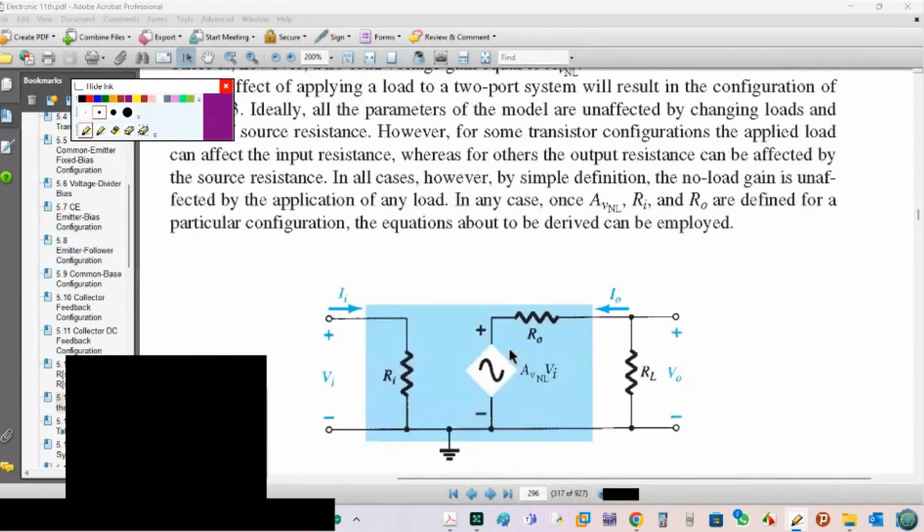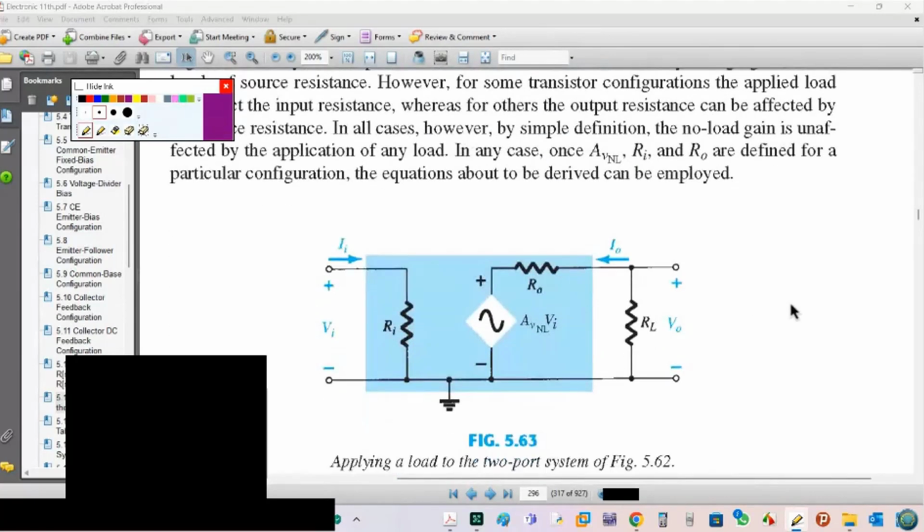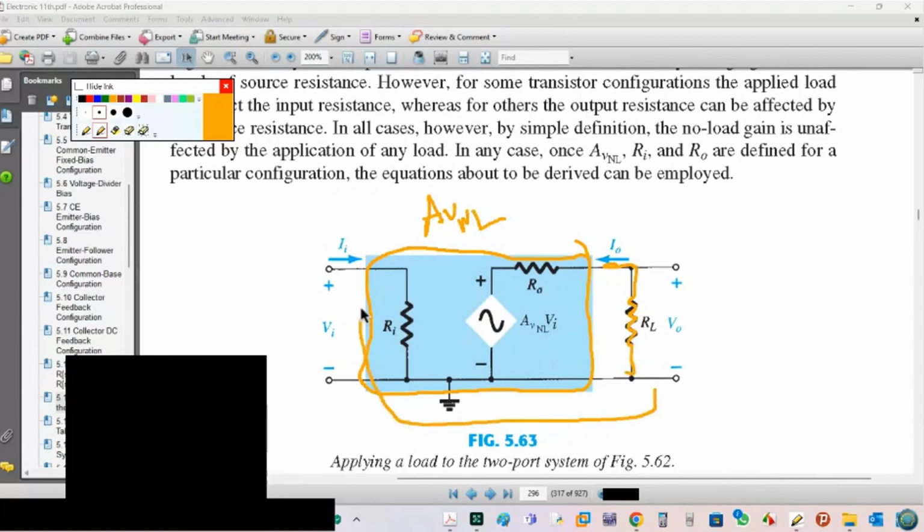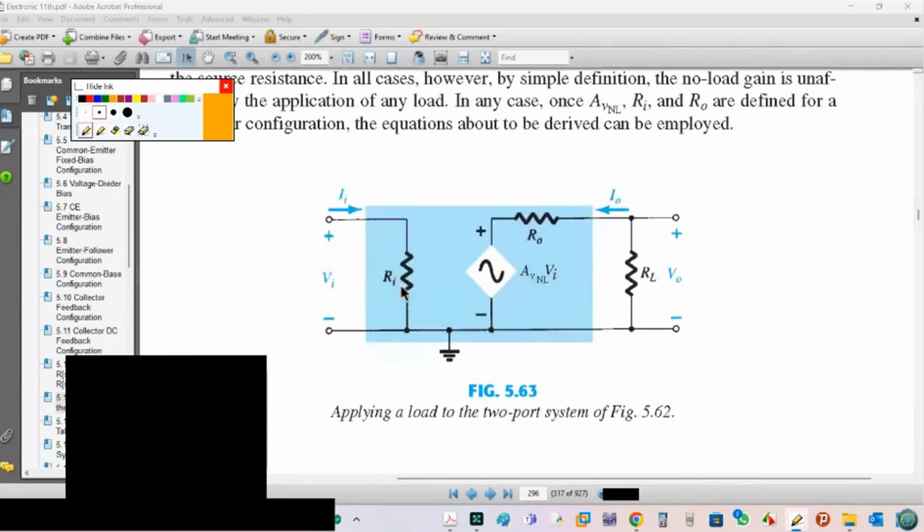Now, if I want to introduce RL, this one is AV no load. Now I will enter RL, and I want to calculate something called AV load. How can we calculate this? It's our job now.